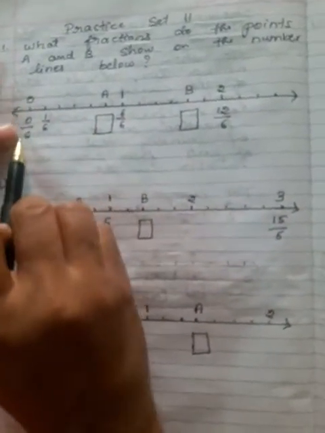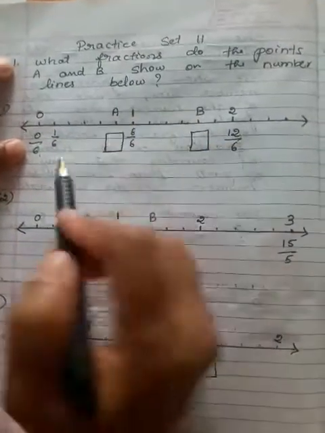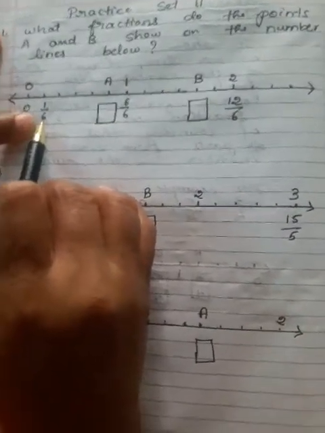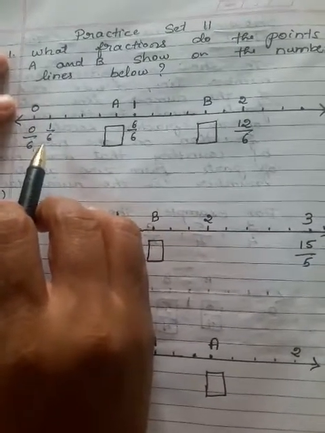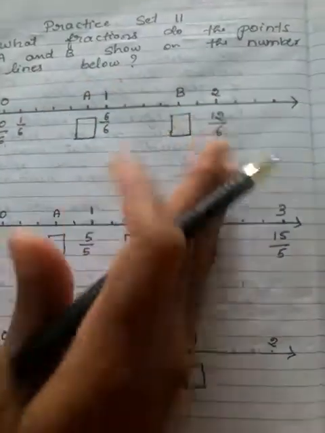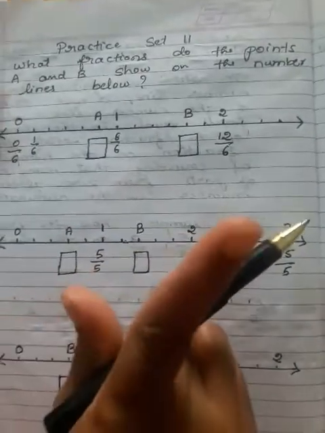So how to find that? Now see, this is 0. What is the denominator here? In the question it is given 6. What is the meaning of this? Every unit on the number line is divided into how many equal parts? 6 equal parts. That means one unit is divided into 6 equal parts.